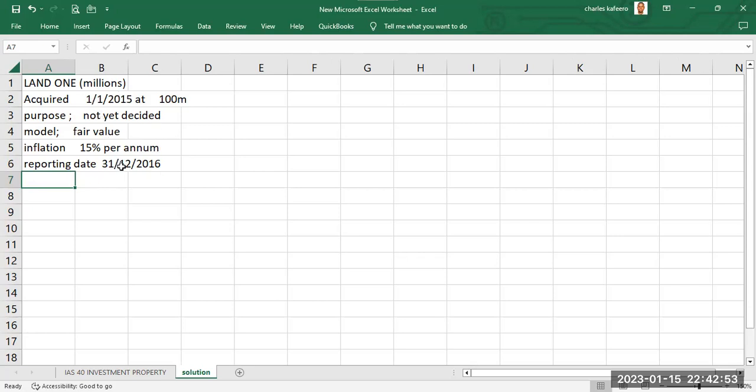You first compute the depreciation before you adjust the values, the inflation, but after that you compute the depreciation that is going to be taken to the income statement, because they have also told us to prepare the extracts for financial statements.